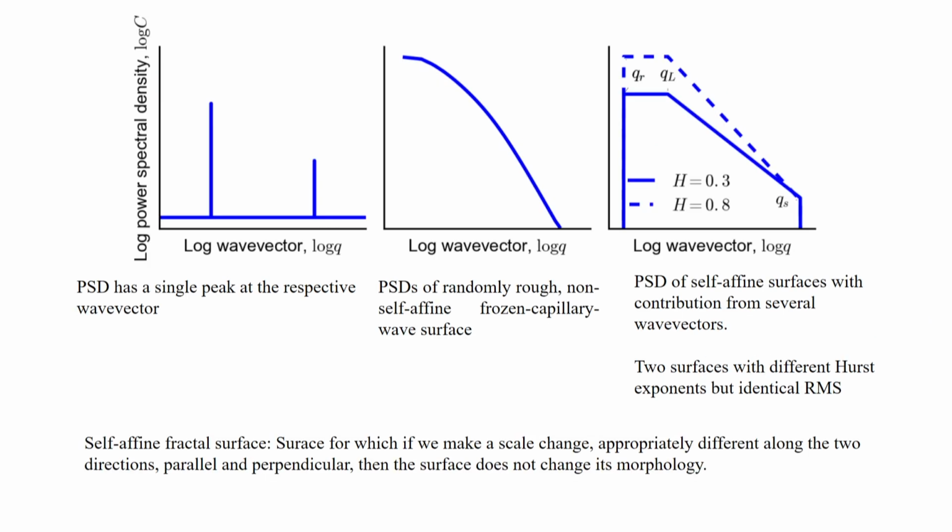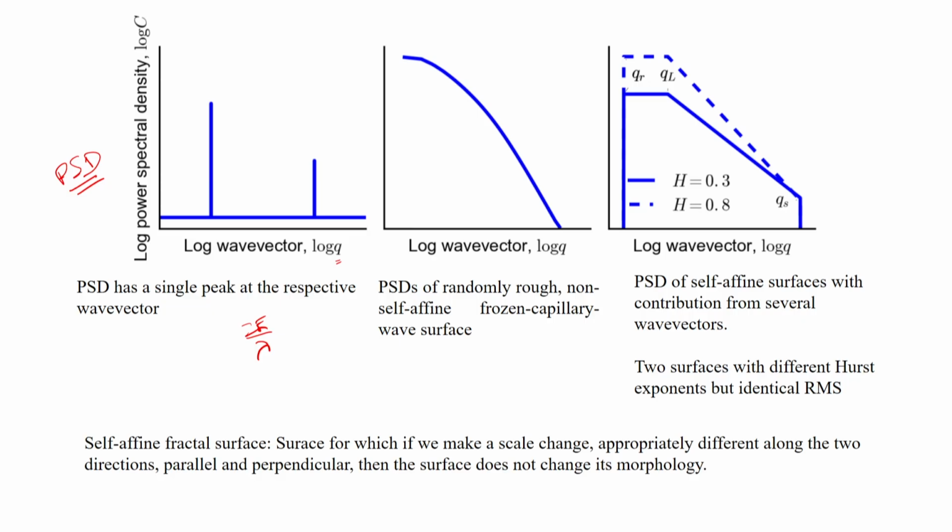It seems that one can obtain what is known as the power spectral density, PSD. I will describe in a minute what exactly this means. One can obtain this power spectral density and plot it with respect to Q, the wave number 2 pi by lambda. If it is a time series, it will be frequency.